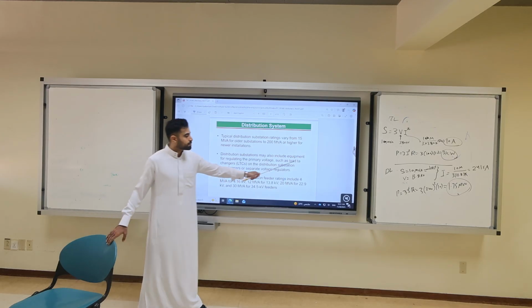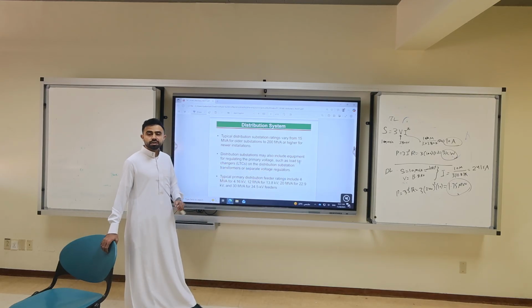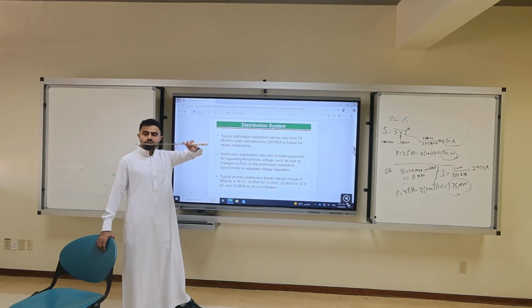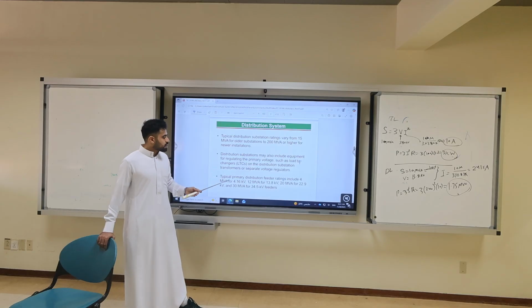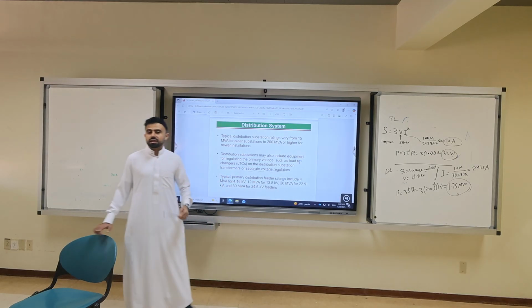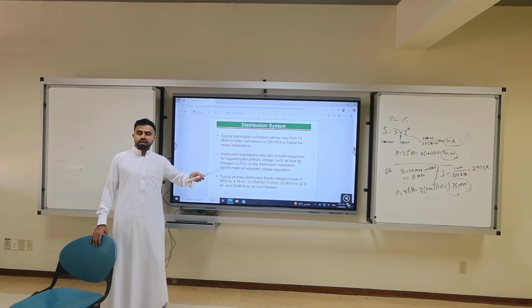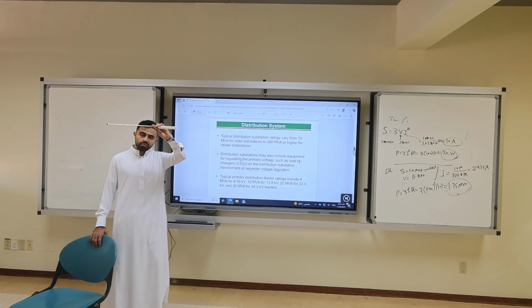Basically in the transformer you change the winding ratio, on the distribution substation, or a separate voltage regulator.